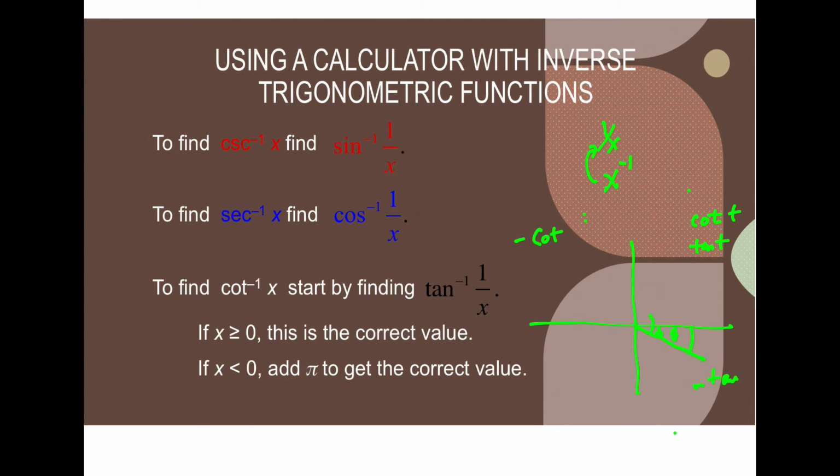If I add pi to it, it'll just move that same angle into the other quadrant. So I could just add whatever this comes out to be plus pi, and I'll have the value that I want here. And so that's what we have to do, so that cotangent's negative values end up being in the second quadrant rather than the fourth quadrant.